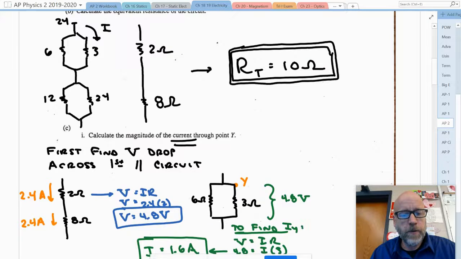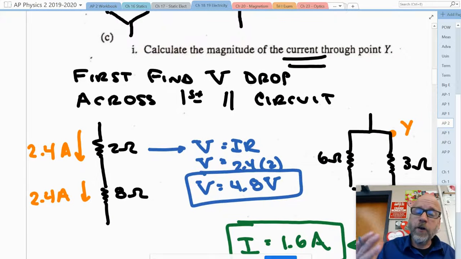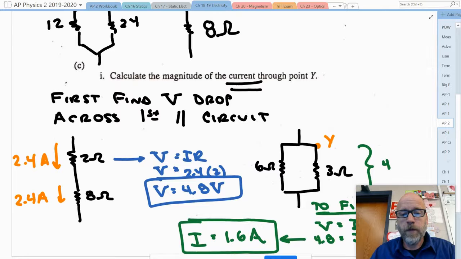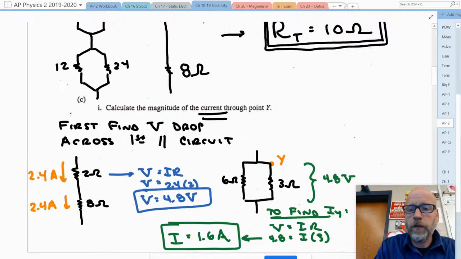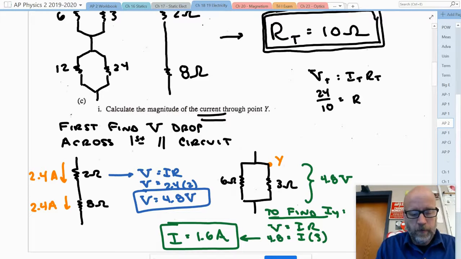Let's go back down here. Now, I know that in my circuit, I can easily find the total current by using the formula voltage total equals current total times resistance total. So 24 divided by 10, the total current is going to be 2.4 amps.